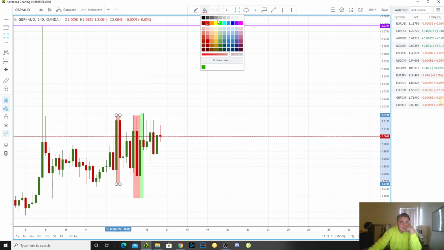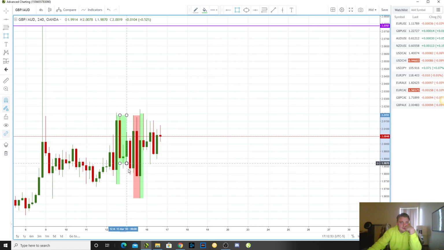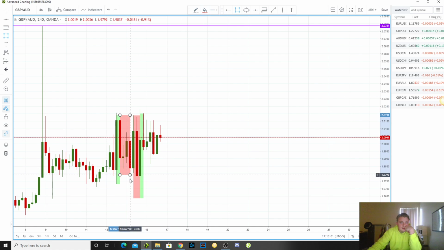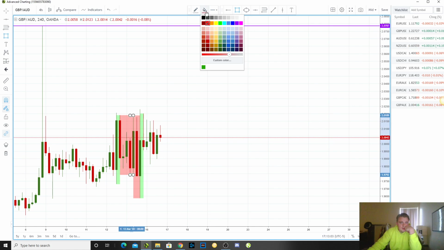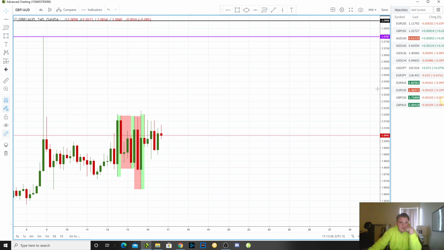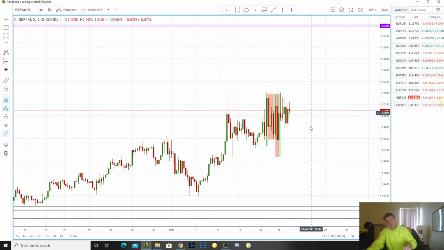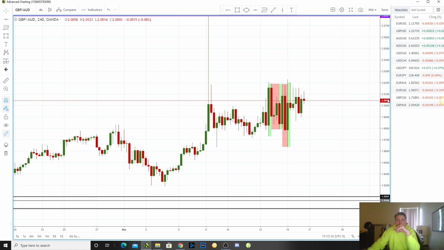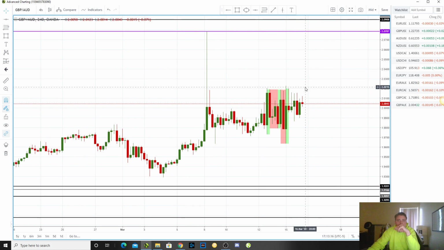Kind of a mess. So not really any trend there. No sense of direction. Unless you're trading on the higher time frames like the daily, then it's pretty much going up. But for the shorter term, 60-minute levels, no. It's going sideways.